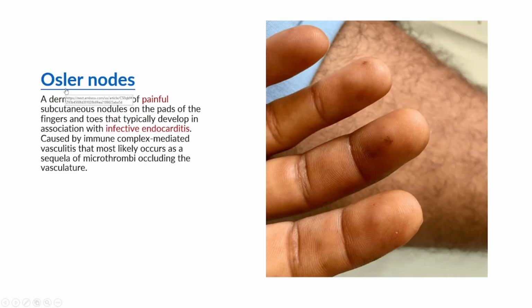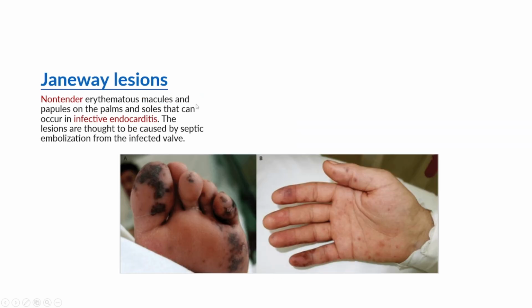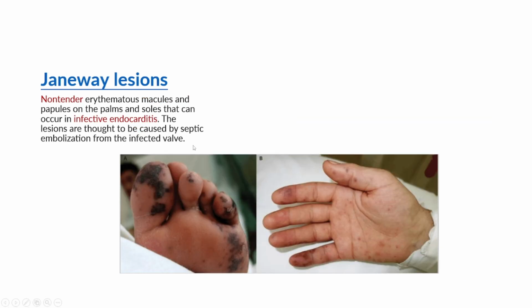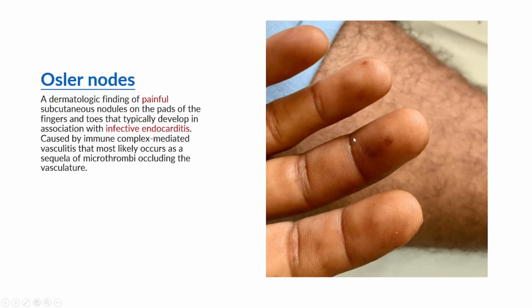Then we will have Osler nodes. These are kind of similar, but not very much. The first difference: these are painful. Janeway lesions are not painful. The second thing: these are present on the finger and toe tips. This is the second difference. And these are caused by immune complex mediated vasculitis.